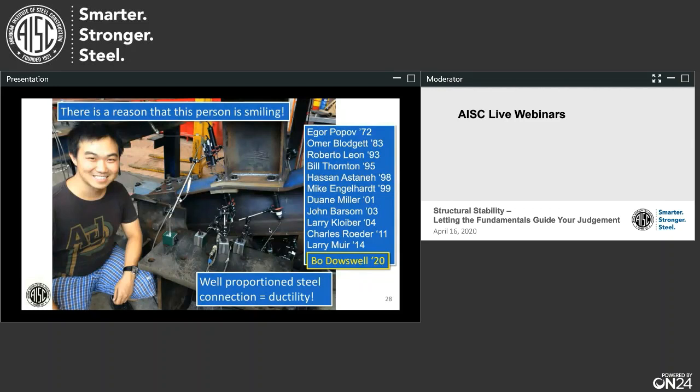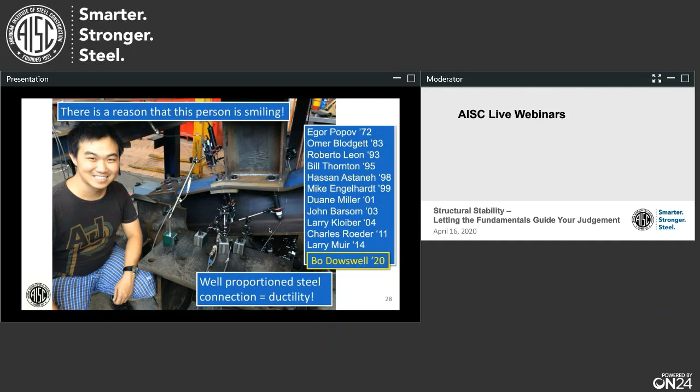And there's a reason why this graduate student is smiling. They've just conducted a test on a connection that you're seeing on the right there. And if you do things properly, if you follow the rules of AISC, you can get a lot of ductility in a connection. So a very well-proportioned steel connection can also represent that ductility that the material has.